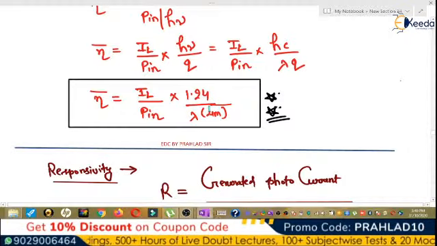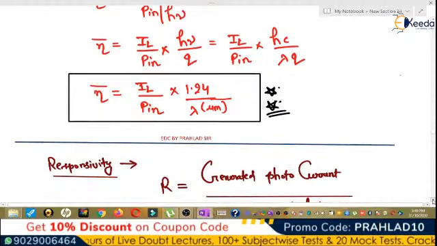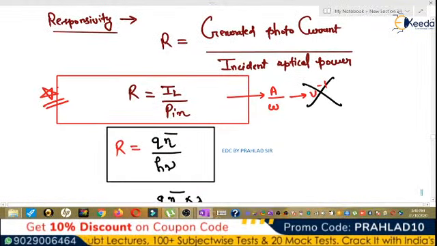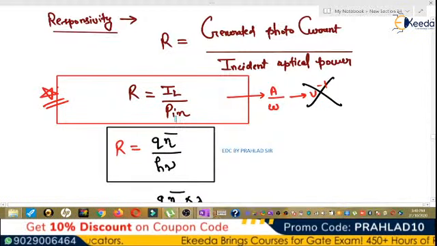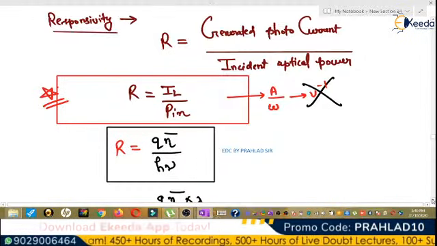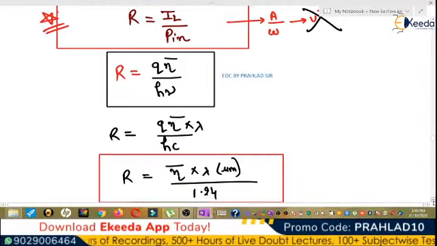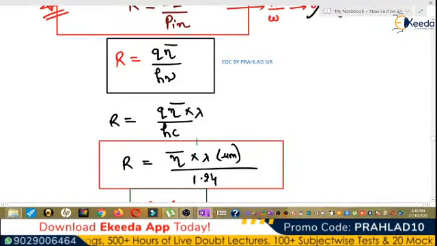Now the next parameter is responsivity. Responsivity is defined as R. It is the generated photocurrent divided by incident optical power. So this is IL over Pin, and the unit is ampere per watt. The value can be written as Q into eta bar by hc by lambda.